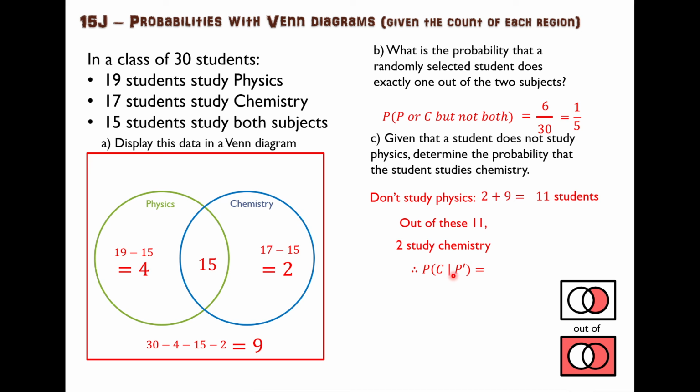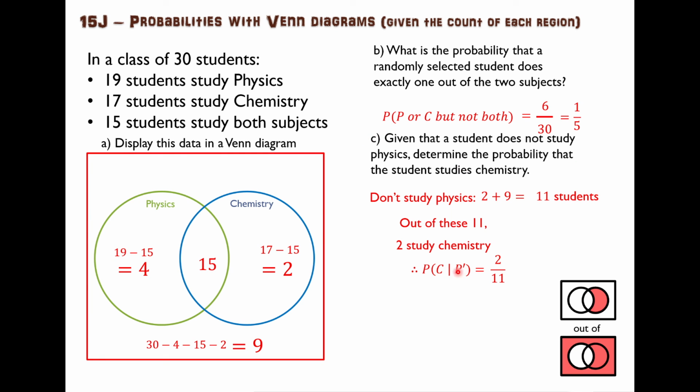So the probability that a student does chemistry, given that they do not do physics, is 2 out of 11. You can see this notation, although it's tricky to think about at first and tricky to learn, it's really, really concise. It's so powerful that you can say something really powerful, like this whole sentence is just this. Maths is amazing sometimes, how condensed things can be.